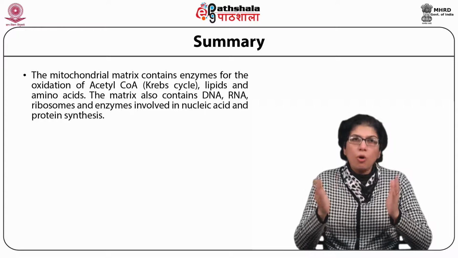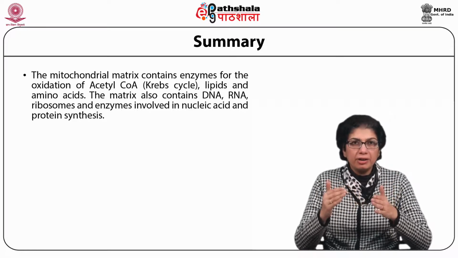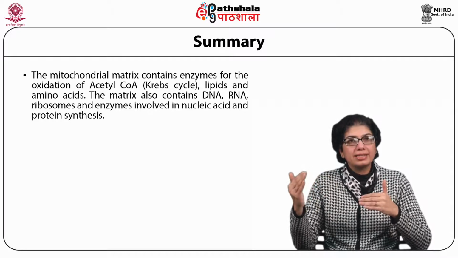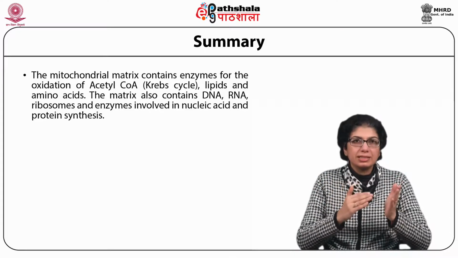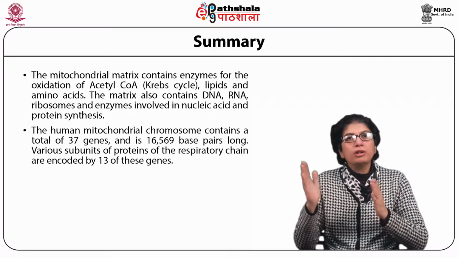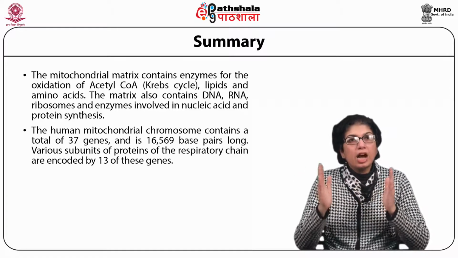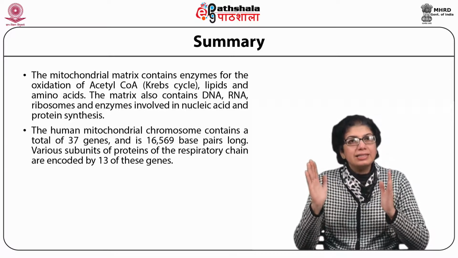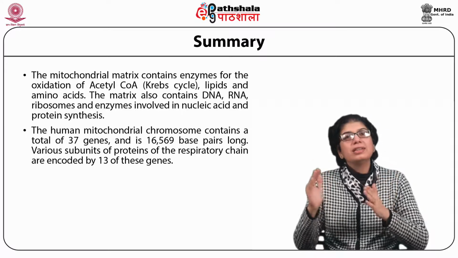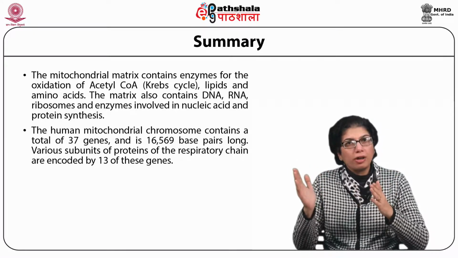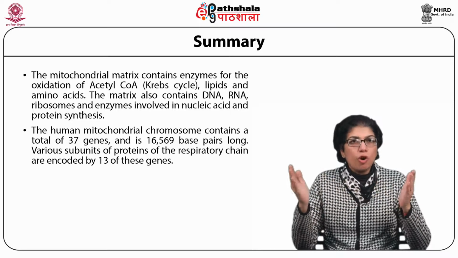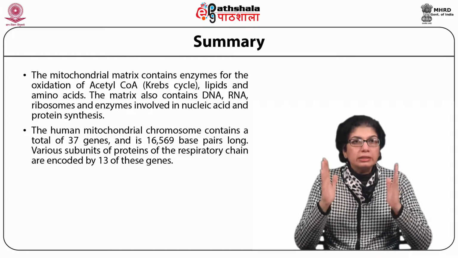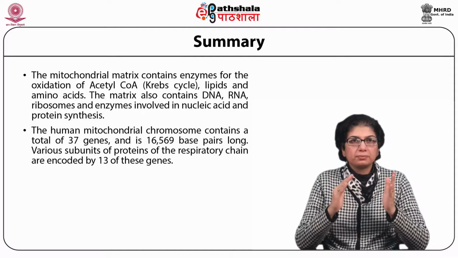The matrix also contains DNA, RNA, ribosomes and enzymes involved in nucleic acid and protein synthesis. The human mitochondrial chromosome contains a total of 37 genes and is 16,569 base pairs long. Various subunits of the proteins of the respiratory chain are encoded by 13 of these genes.